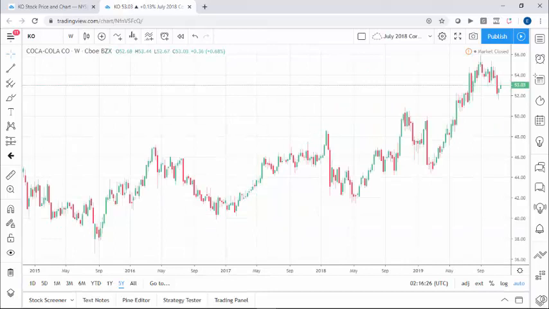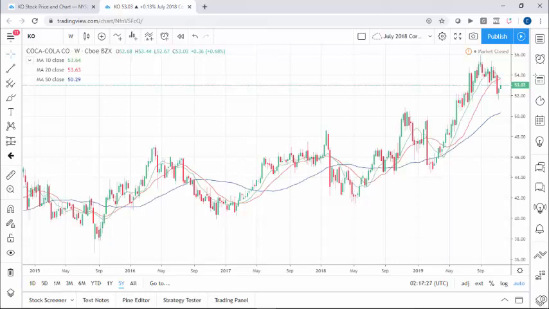Here's a look at the 5 year chart, and it puts things in a little bit different perspective. You do see a few more little drops in the stock, but by and large, this is a stock that seems to like to go in one direction, and that's up. And we'll look at the moving averages as well. Now, the moving averages are in line for a bullish move on this time perspective.